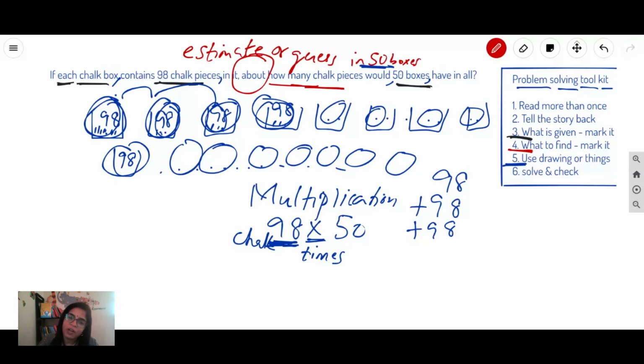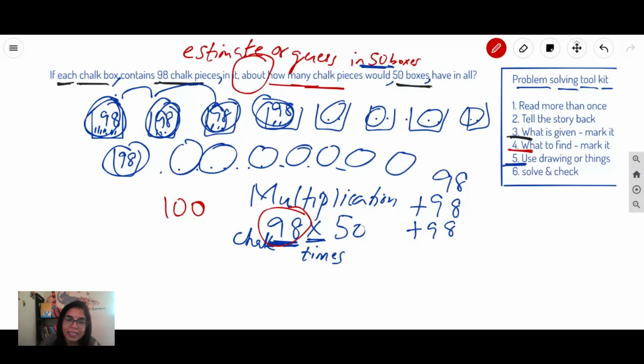Okay. So what we do, estimate means we go to the nearest number. The nearest number for 98 is 100, which has a lot of zeros in it. Very important. Why? Because when you have a lot of zeros in a number, it makes it easy for us to do the multiplication.